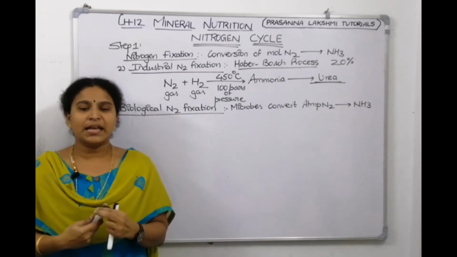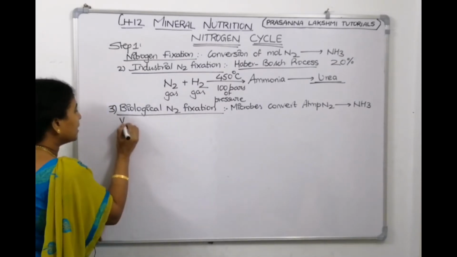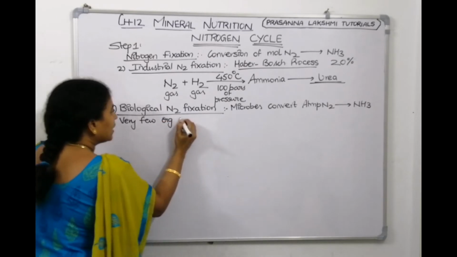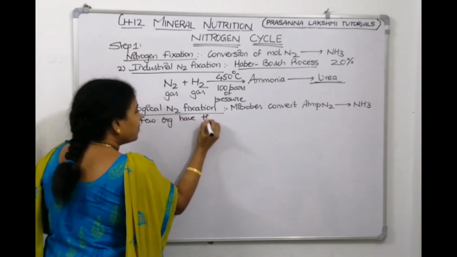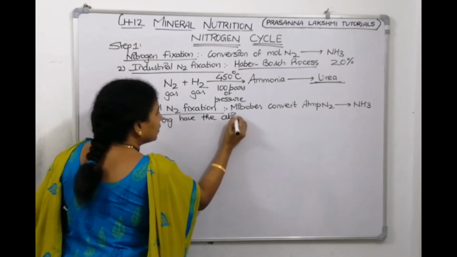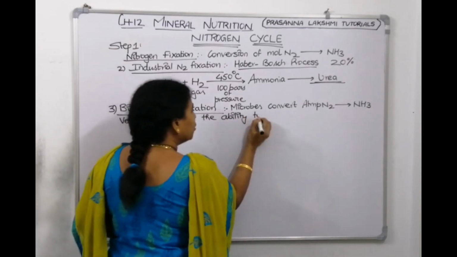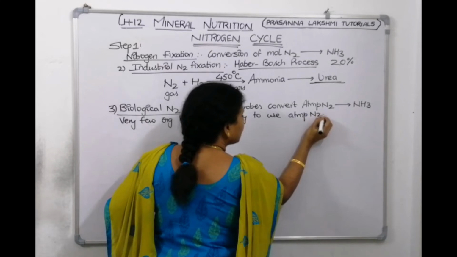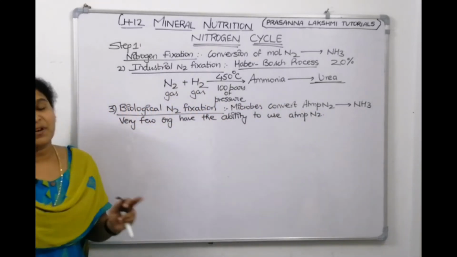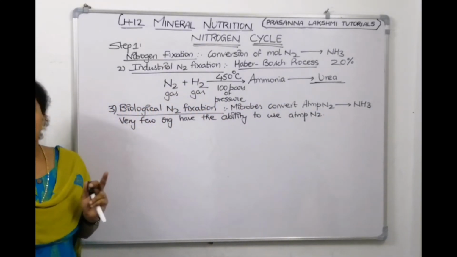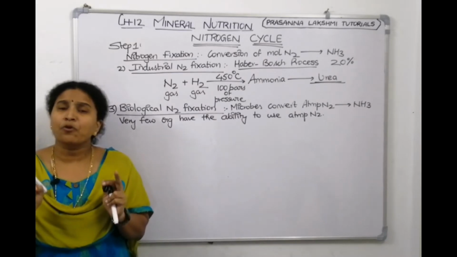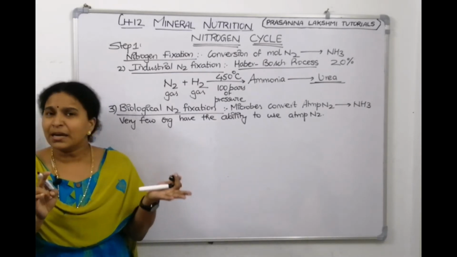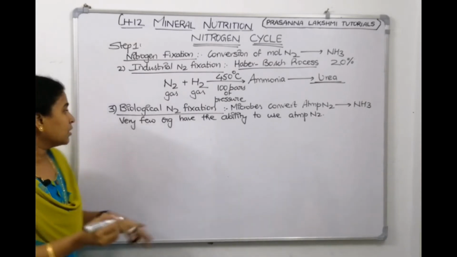So, NCERT says that very few organisms have the ability to use atmospheric nitrogen. Only certain prokaryotic bacteria are capable of using atmospheric nitrogen. Who can use that nitrogen?